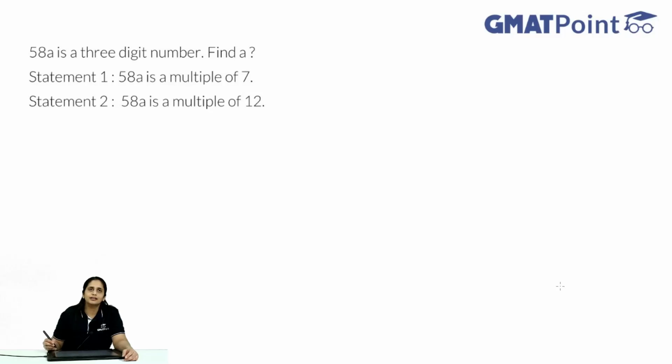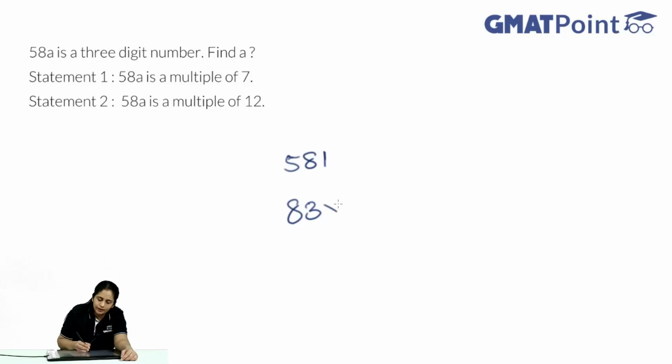So let us consider 580. 560 would be a multiple of 7, 588 would be a multiple of 7, 581 will also be a multiple of 7. So 581 is perfectly divisible by 7, that is 83 into 7.